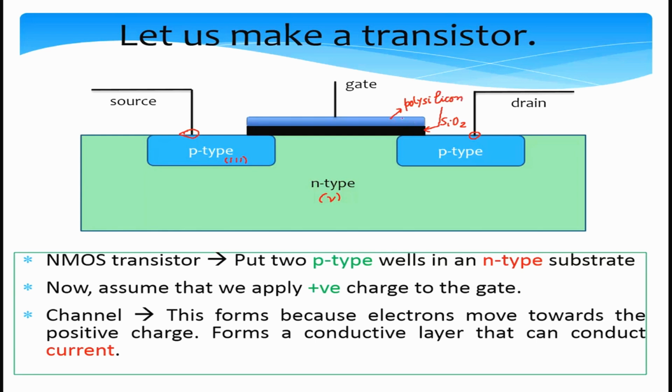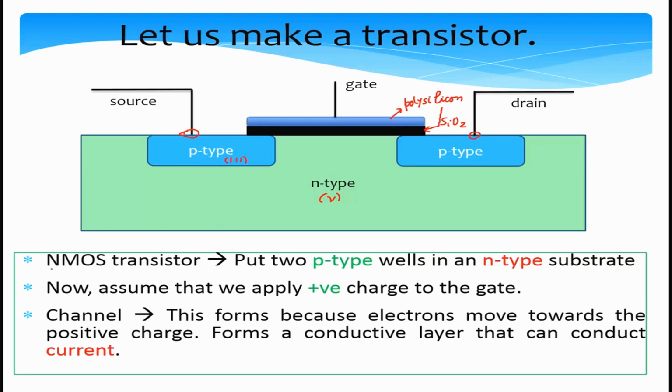So it's typically a polysilicon layer, which is a conductor, and on top of that we attach a metallic wire, and this terminal is called a gate. So a basic transistor has three terminals. One of them is the gate, one is the source, one is the drain. So this is called an NMOS transistor.